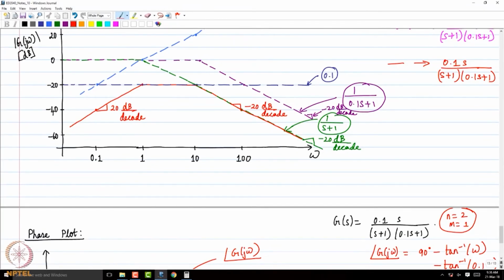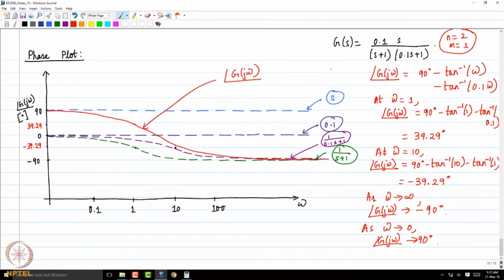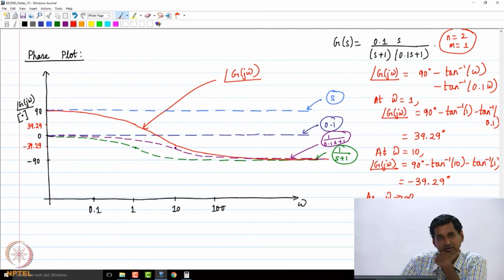Minus 20 decibels per decade, one could see that, right. So that was the general concept that we learned, and since this is a minimum phase system, what did the phase tend to? Minus 90 degrees times n minus m. You see that it tends to minus 90 degrees.